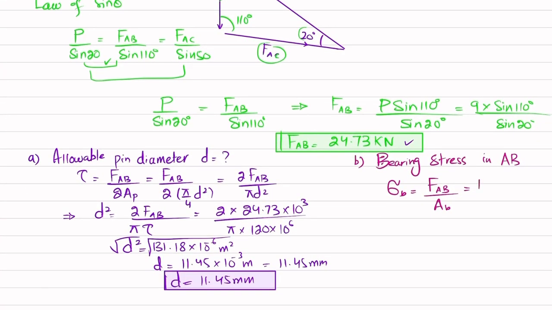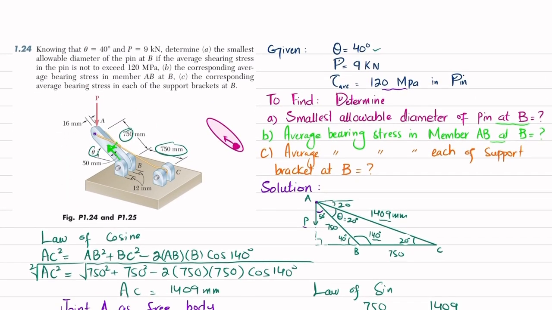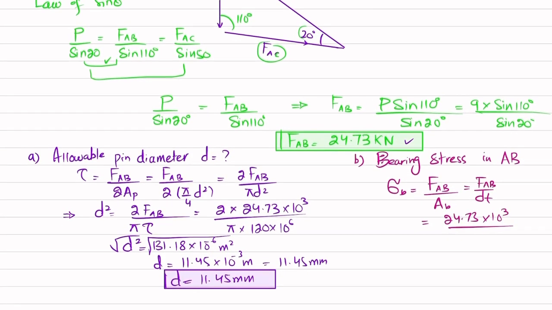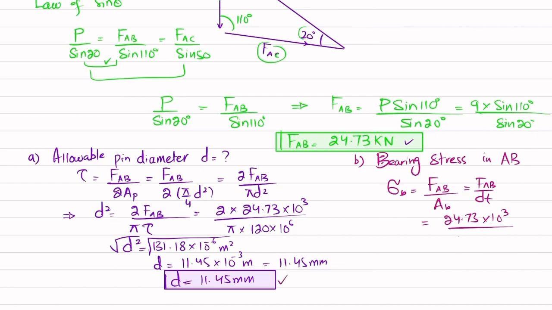So FAB divided by D into T, clear? So you can put the values. FAB is 24.73 into 10 raised to power 3 divided by diameter of pin, diameter of this hole is given, thickness is 16 millimeter. Diameter is what we have calculated, 11.45. Thickness is 16 millimeter.